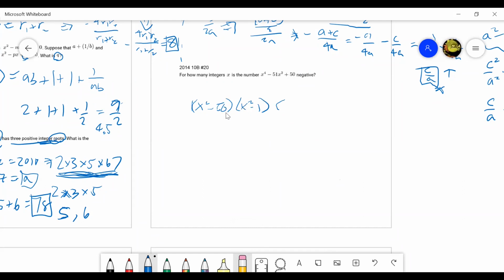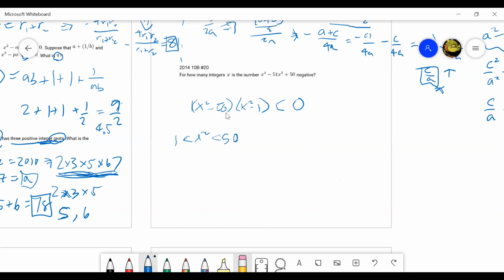So we know that this has to be less than 0. What does this mean? It means that one of x squared minus 50 and x squared minus 1 has to be negative, right? I think it's easy to tell here that x squared has to be between 1 and 50.